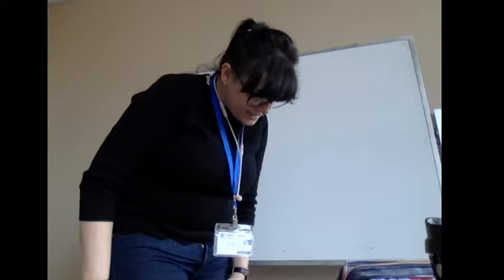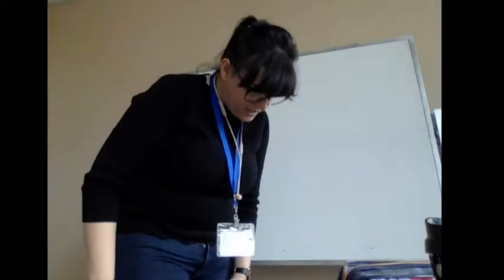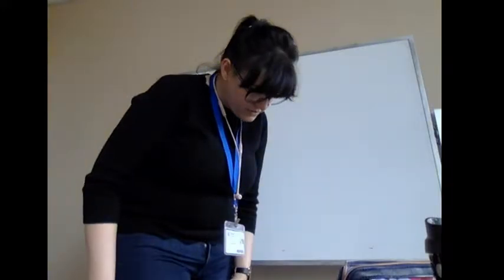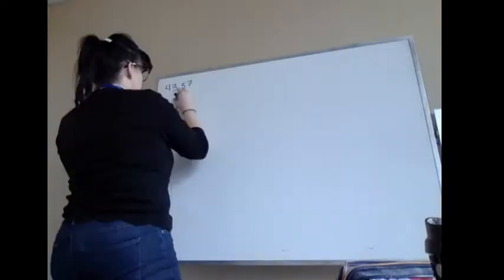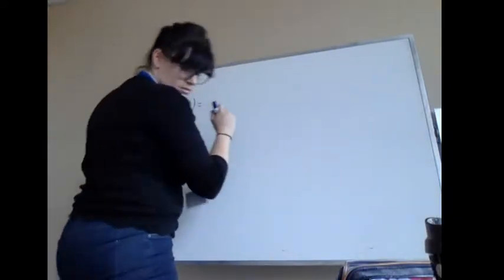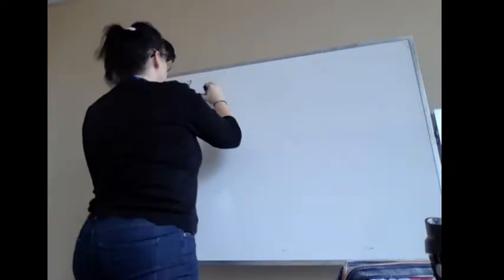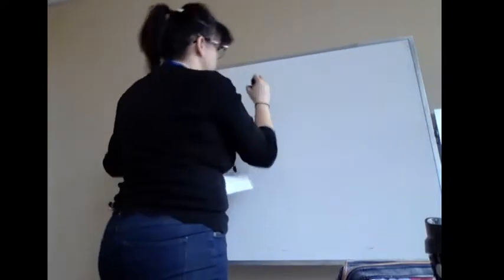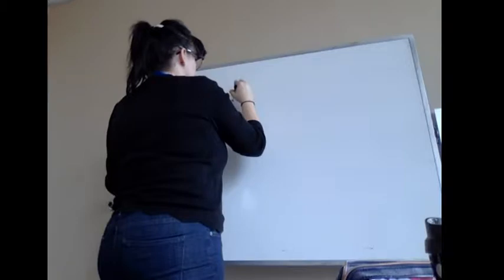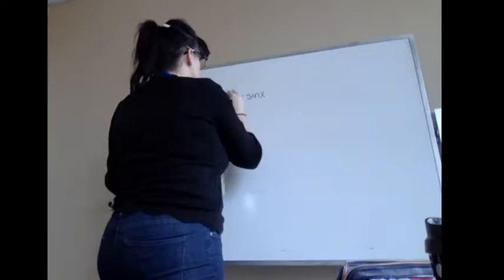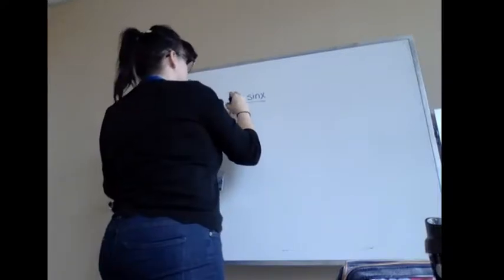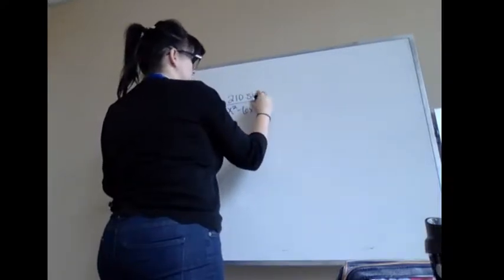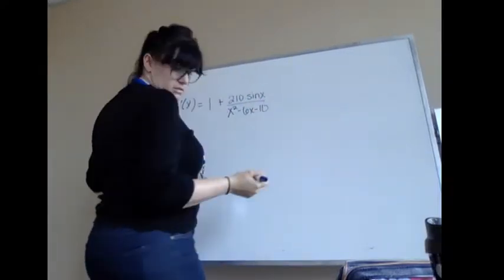Okay. 43 says a formula for the derivative of function f is given. How many critical numbers does it have? So 1 plus 210 sine x over x squared minus 6x plus 10.